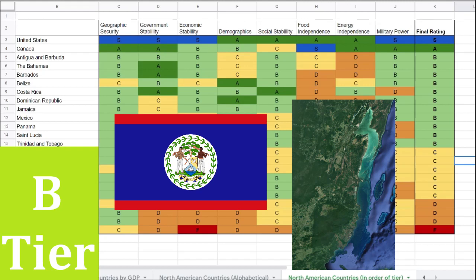So what I'm saying is, since offshore oil was discovered, Belize has the potential to become an energy exporter if they develop that. And military power is B. Not much to say there, because they're in the Western Hemisphere, yada yada yada. So all that put together, they are B tier.